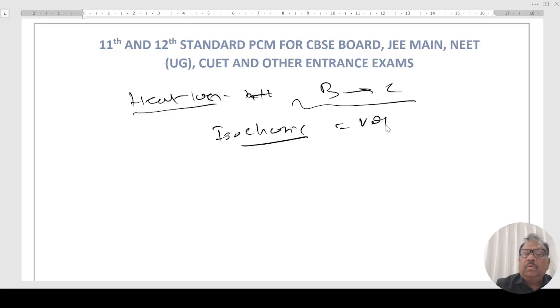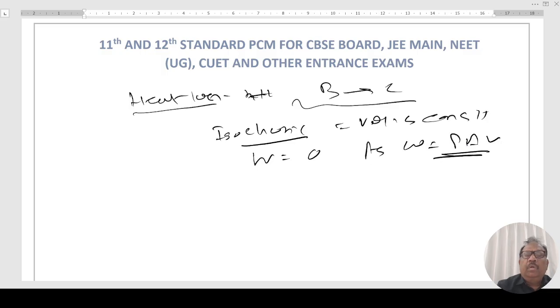Volume is constant, which means W will be equal to 0, as W equals P delta V. Delta Q equals delta U plus W. Therefore Q will be equal to delta U.